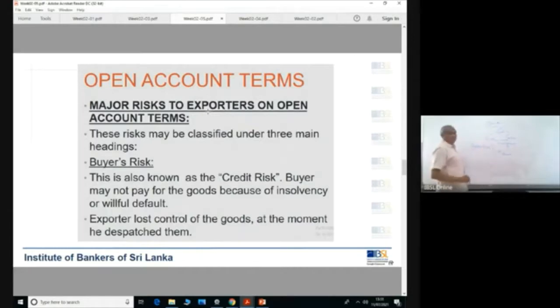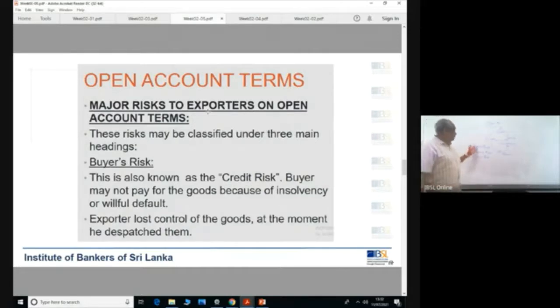Second one is country risk. Third one is transit risk, transport risk. While transporting, there can be risk to the goods.